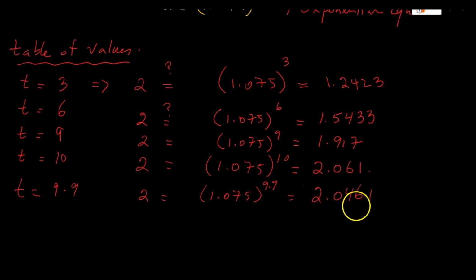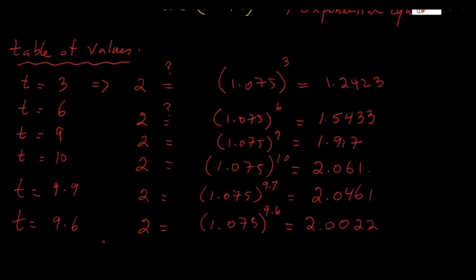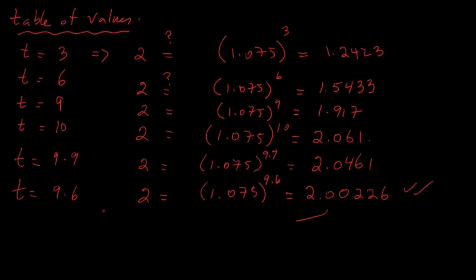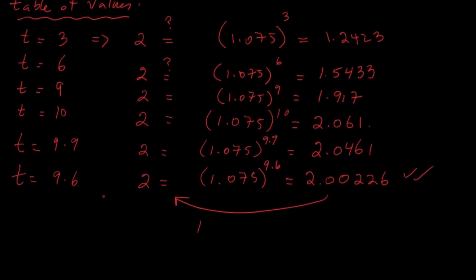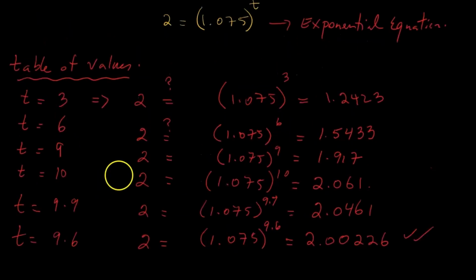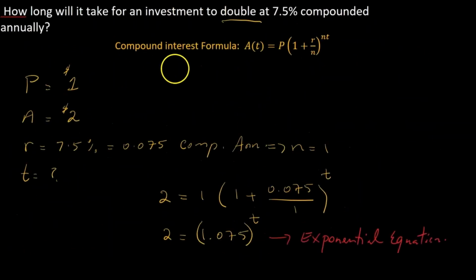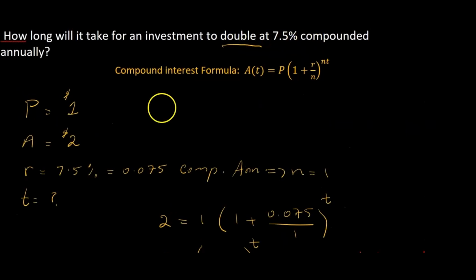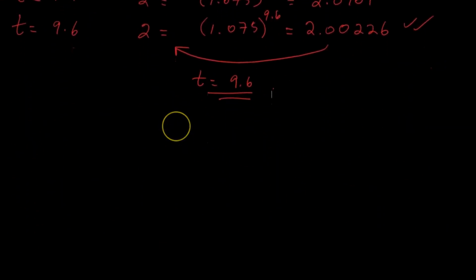Now it's coming closer to 2, and then you choose 9.6, and we can stop right after that. You can try 9.8, 9.7, and keep coming down, but you notice that T of 9.6 will give you 2.00226, which is very close to 2. That means it will take 9.6 years for this investment at 7.5% compounded annually to double.